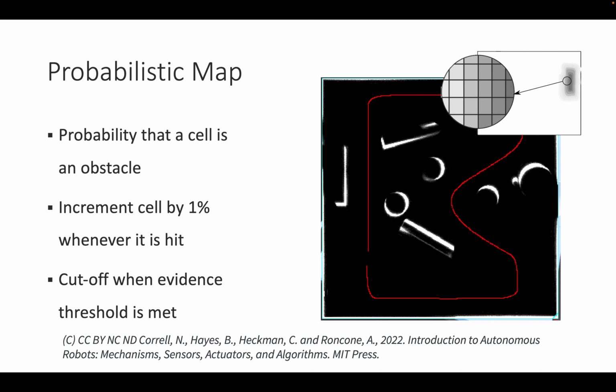Here the idea is that the grid contains probabilities that a cell is an obstacle, and instead of using Bayes' rule or anything complicated, we simply say whenever the laser hits, the probability that this is an obstacle increases by 1%. We can then introduce some kind of cutoff when an evidence threshold is met and essentially treat that part of the map as obstacles.